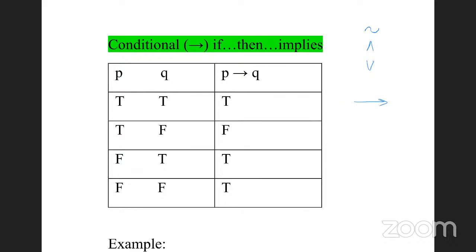Once you see the arrow, it means conditional. So the rules are true implies true, that's true. True implies false, that's false. False implies true, that's true. False implies false is true. So basically, they are all true except when true implies false. Once you see true implies false, then that's a false statement. Everything else is true.